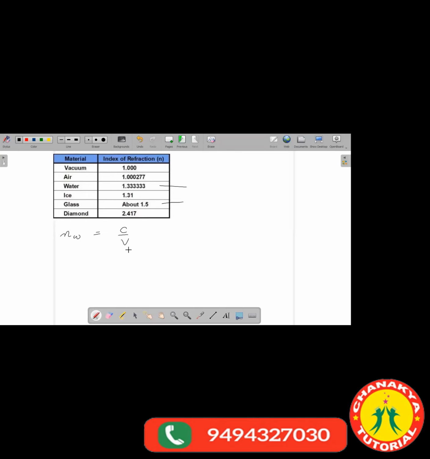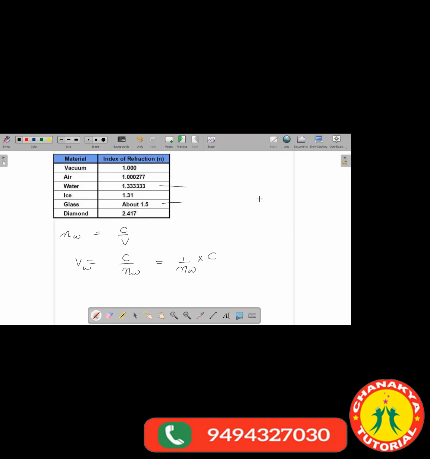Now, V will be equal to C by the refractive index. So your refractive index indicates that the speed of light in that medium is 1 over the refractive index times the speed of light in air.